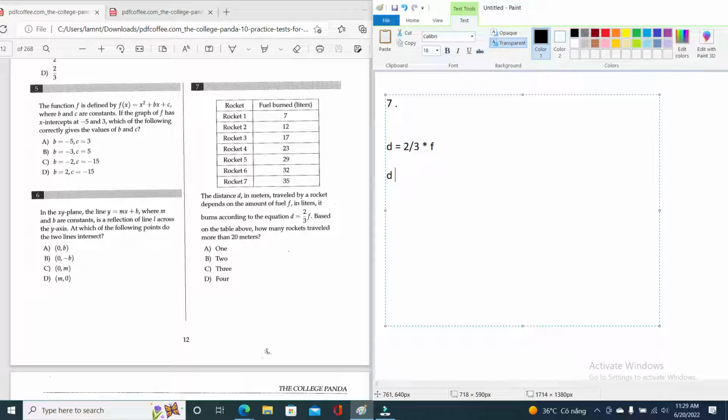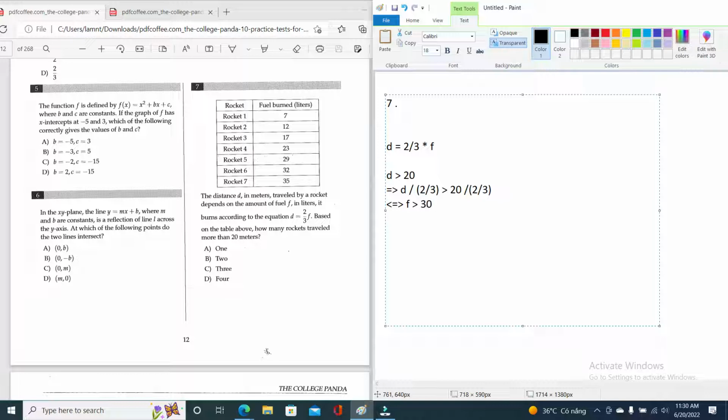But we know that D is greater than 20, right? Because we are asked how many rockets go more than 20 meters. So D divided by 2/3 also has to be greater than 20 divided by 2/3. D divided by 2/3 is actually F, which has to be greater than 30.